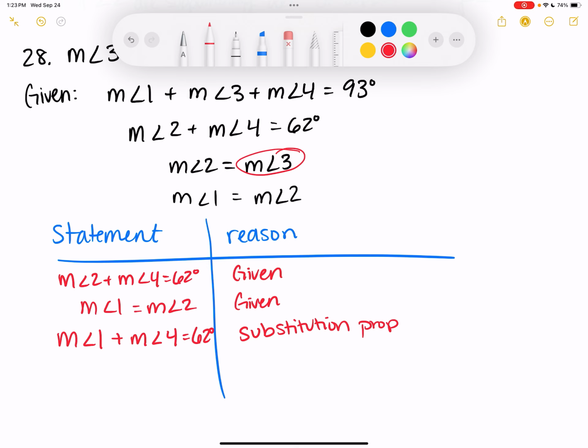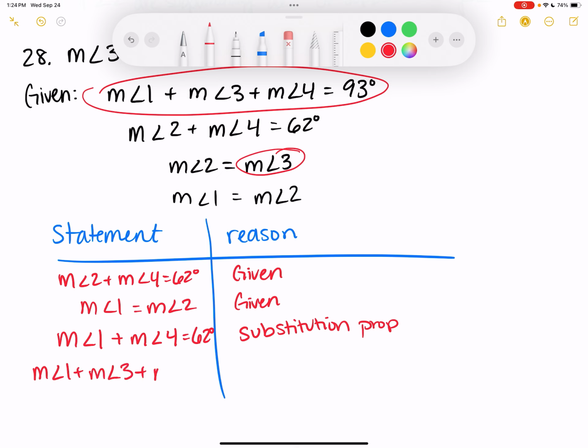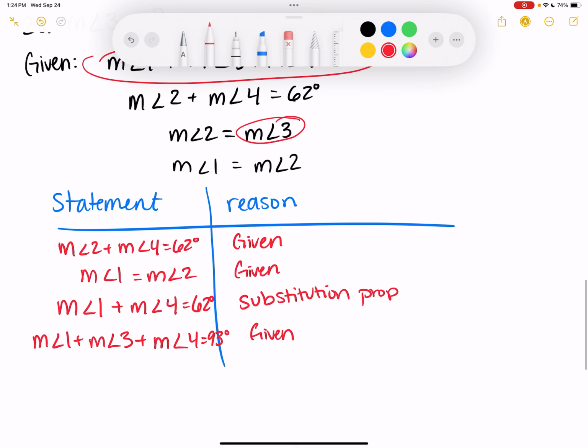All right, now I know that angle 1 and angle 4 add up to 62 degrees. So now's where I'm going to throw this statement in as a given: the measure of angle 1 plus the measure of angle 3 plus the measure of angle 4 is 93 degrees. If I know angle 1 and angle 4 add up to 62, I can take them out of this statement and say that the measure of angle 3 plus 62 degrees is equal to 93 degrees.